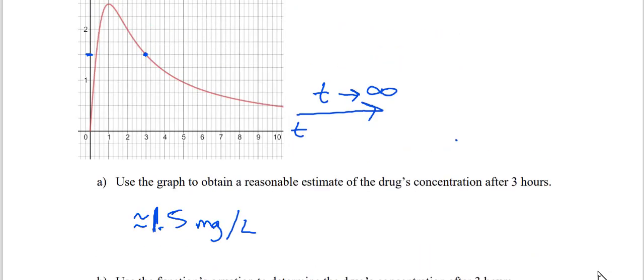Coming back up here, that means there's going to be a horizontal asymptote here. So that graph, as it continues, is going to continue like this and eventually approach this horizontal asymptote.